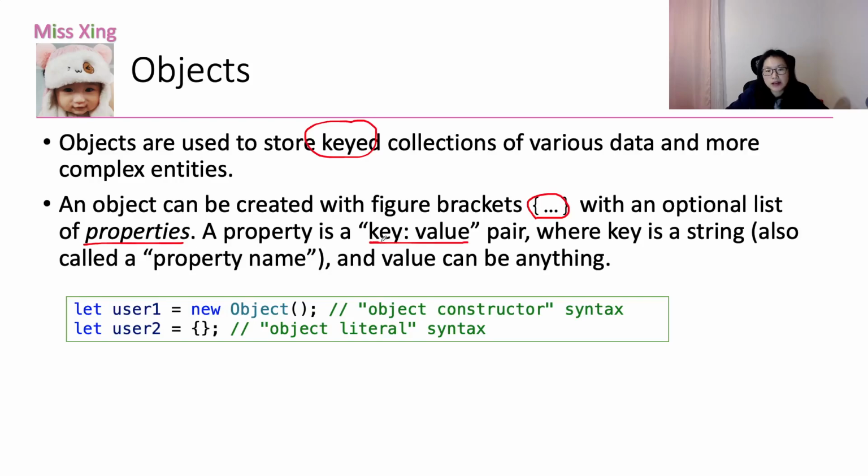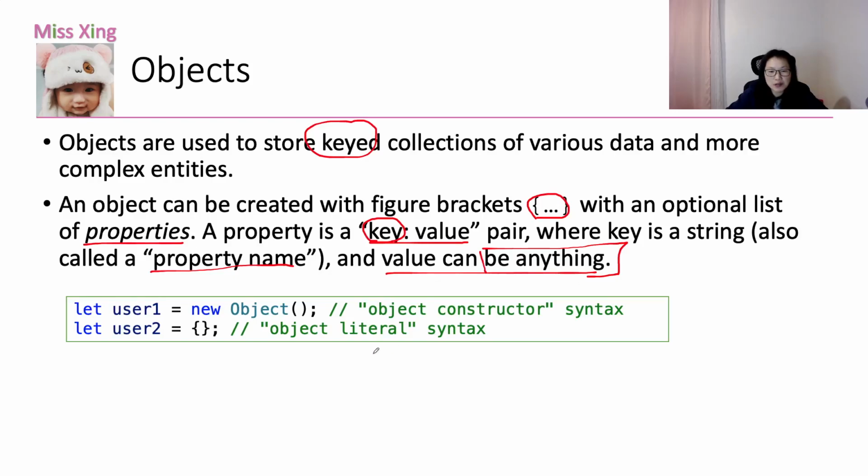So, my understanding was a little bit different. Anyway, he said a property is a key value pair here, where the key is a string, also called a property name, and the value can be anything. And this anything means any value which is valid inside JavaScript.